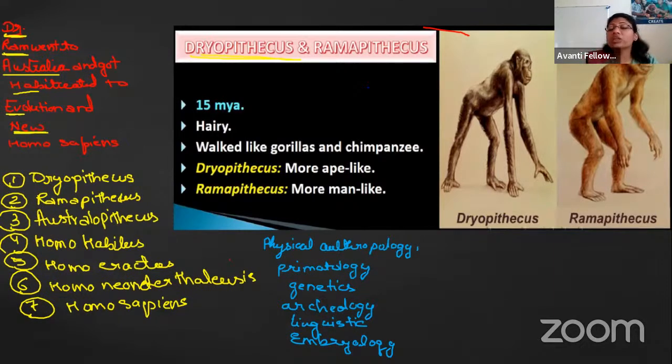So all these fields help us to understand the evolution of humans, right? So human evolution is none other than the study of processes, or we can say the steps which are used to know how humans have evolved from their ancestors, right?